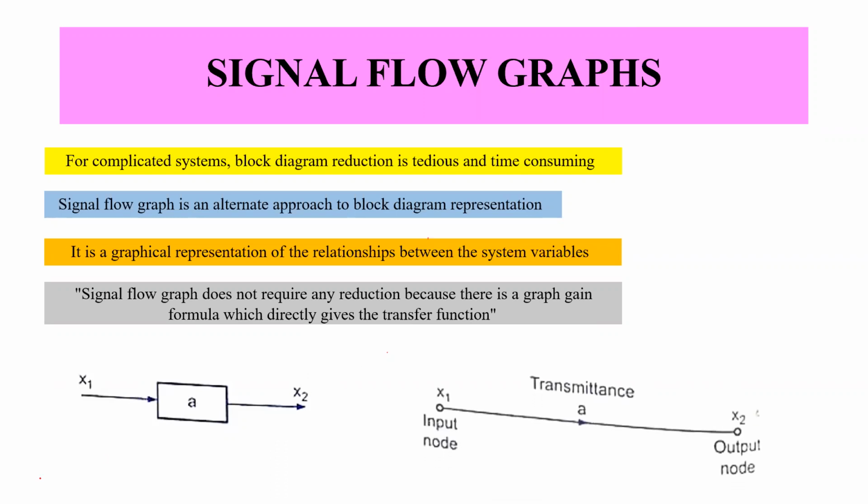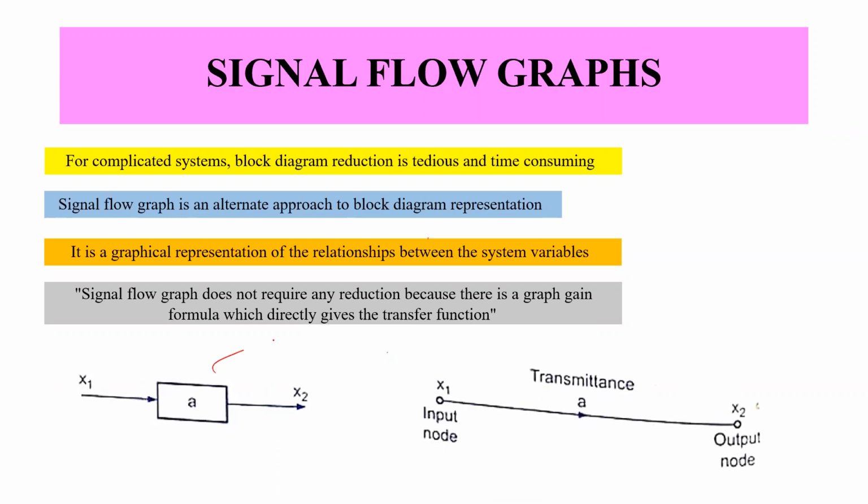So in a signal flow graph, we can represent the same block with a graphical representation, which will have a line which represents the flow of the signal, right? Like in this, you can see that the signal is from X1 through A to X2, right? So it is from X1 to X2, and this A is now represented on the line, and this here is known as transmittance.